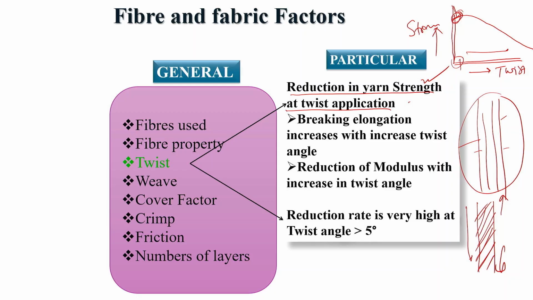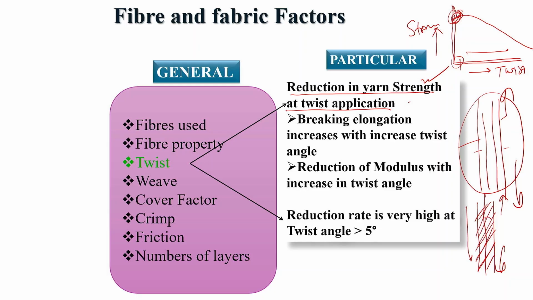At twist level 0, when all the fibers are parallel to the axis and the load is applied, the individual filaments are taking the load, so ideally the strength should be maximum there. The initial increase, as I have mentioned, is due to the binding action, due to inter-fiber friction, it increases a little bit.